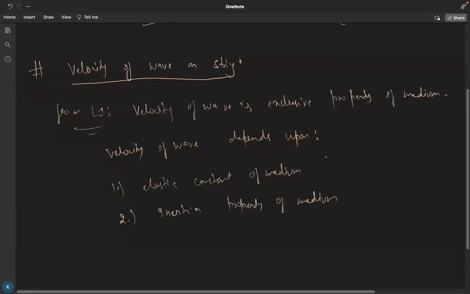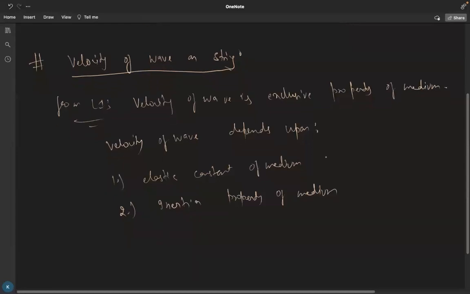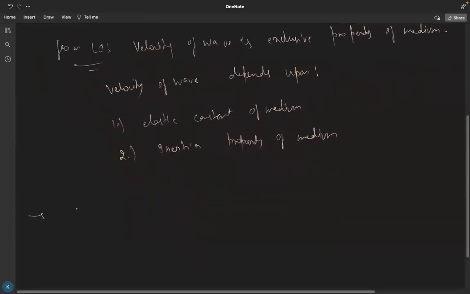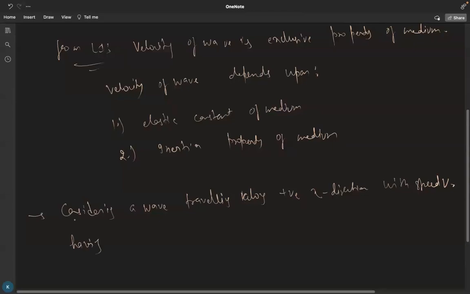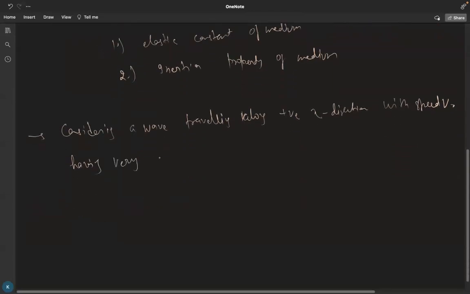So now we are going to derive the velocity of wave on the string. How can we do so? Let's take an approach. What I'm doing here is considering a wave traveling along the positive x direction with speed v, having very small amplitude.